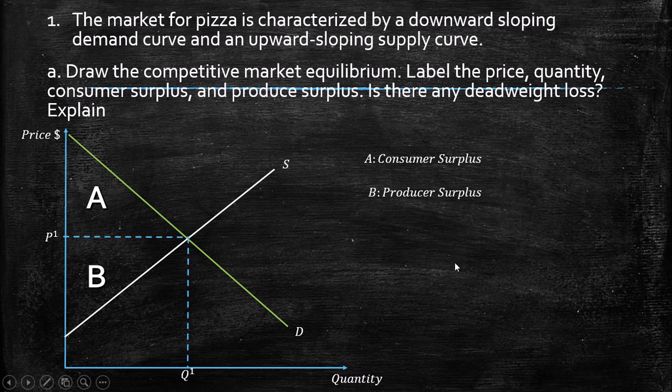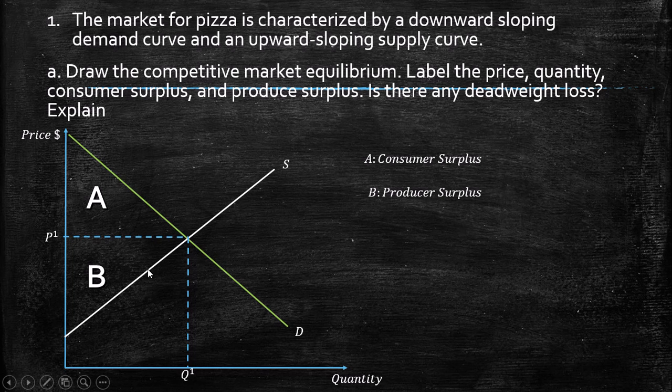On the other side, we have B, which is the producer surplus, basically analogous to the consumer part. We can consider it a kind of benefit for the enterprises. Naturally, along this part of the curve, they're willing to produce these quantities even at a lower price.